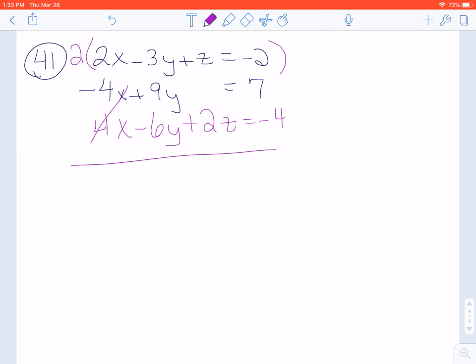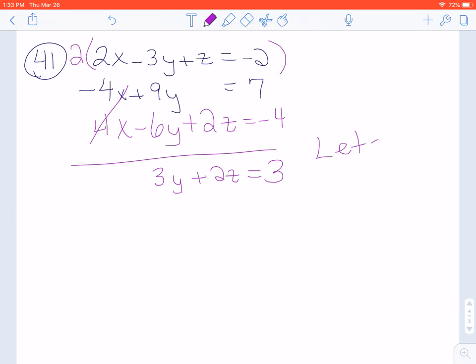So when we cancel out the 4x's, we end up with 3y plus 2z equals 3. A non-square system doesn't have an actual solution like 1, 2, 3. At this point, there's no more elimination you can do. Non-square systems are actually less work, but we have to write the answer with a certain pattern.